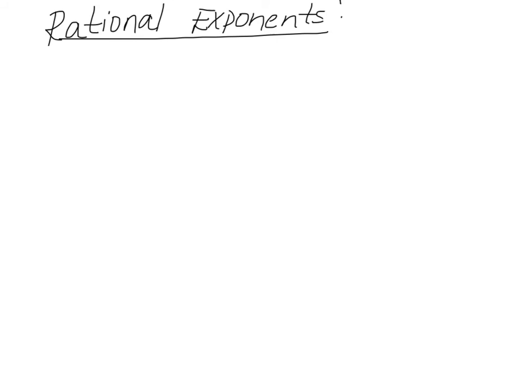Okay, our last concept is rational exponents. And we're going to solve these by getting rid of the exponent. So to get rid of the rational exponent, you raise it to the reciprocal, because that way they cancel out.